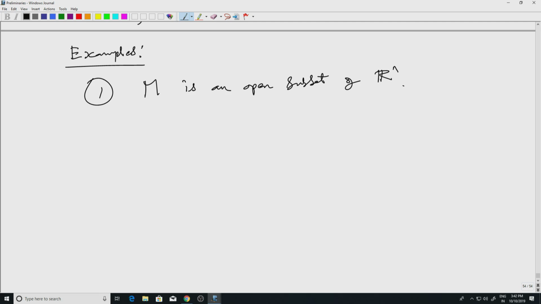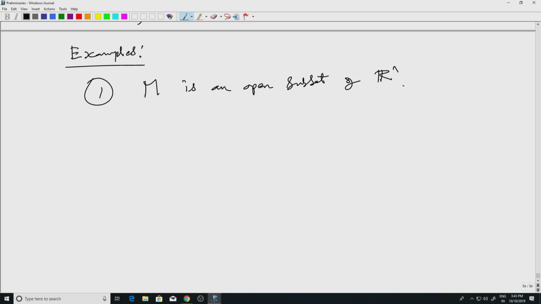I would like to claim that this is an n-manifold. Since M is an open subset of Rn, actually just a subset will do, we can regard M as a metric space, namely the Euclidean metric gives rise to a distance function here.